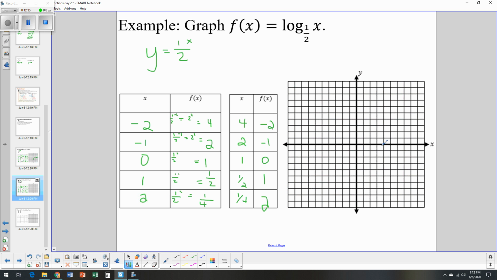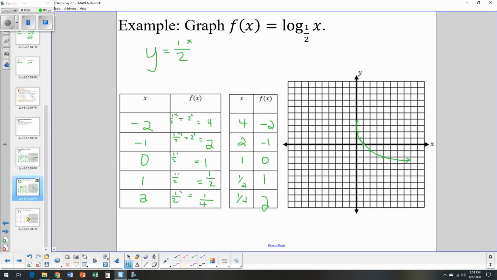So that's the point 4, negative 2; 2, negative 1; 1, 0; 1/2, comma 1; and 1/4, comma 2. So it's going to look more like this time. 1/2 would be exponential decay. It makes sense. So there we go.